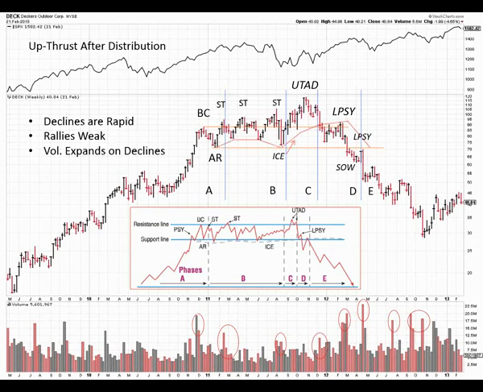It gets up there and it could spend, like here, you could argue that this spent 6 weeks from the last secondary test. It spent 1, 2, 3, 4, 5, 6, 7, 8, 9 weeks up there, just hanging out.